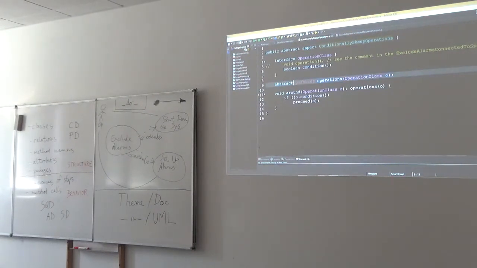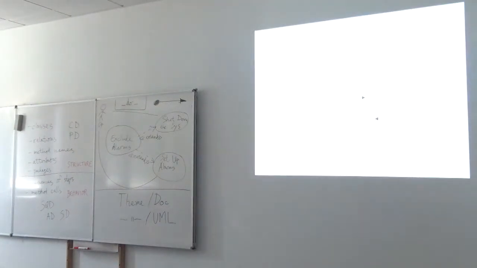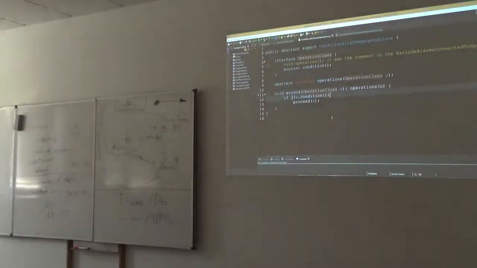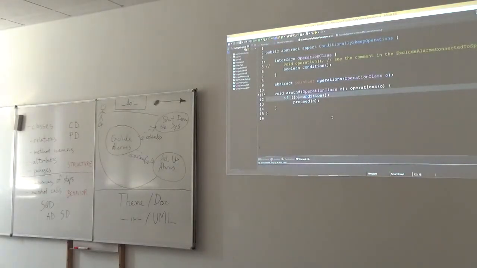There is the name of the pointcut, and there are its arguments, which we will deal with, because we deal with this Operation class. We must deal with it because we will need to execute this condition method upon it. And speaking of the condition method and the Operation class, we actually don't have these elements either.